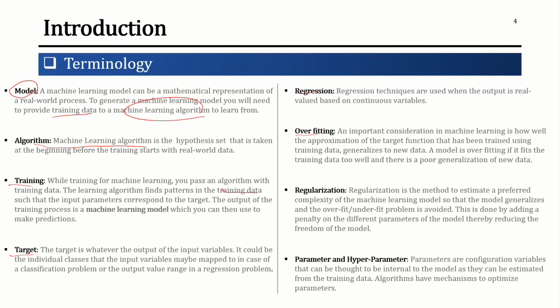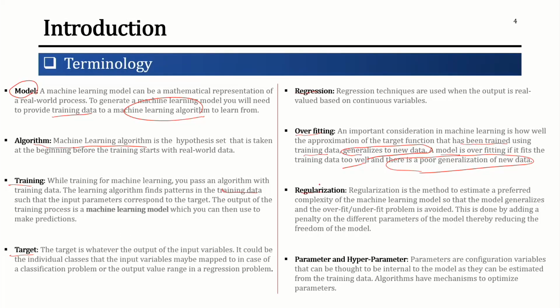An important consideration in machine learning is how well the approximation of the target function that has been trained using the training data can generalize to new data. We say that a model is overfitting if it fits the training data too well, and there is poor generalization to new data. That means your model can give you a very accurate result on your training data, however it cannot handle any new data beyond your training.